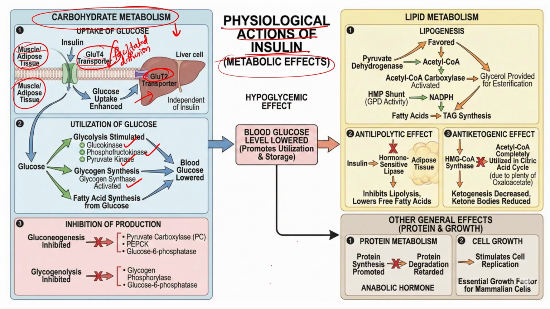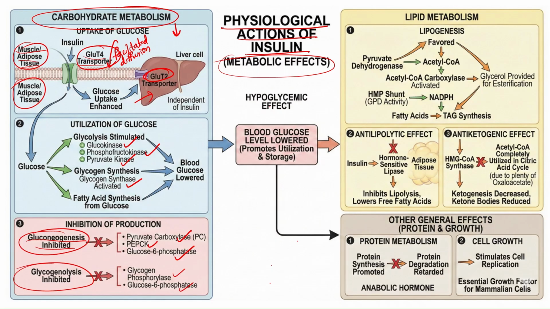Then to keep the blood sugar levels low, insulin halts two major processes. Gluconeogenesis is inhibited and glycogenolysis is also inhibited. The enzymes that are suppressed are PEPCK, pyruvate carboxylase, glucose 6-phosphatase. If these three are inhibited, gluconeogenesis is inhibited. If glycogen phosphorylase and glucose 6-phosphatase are inhibited, glycogenolysis is also inhibited.